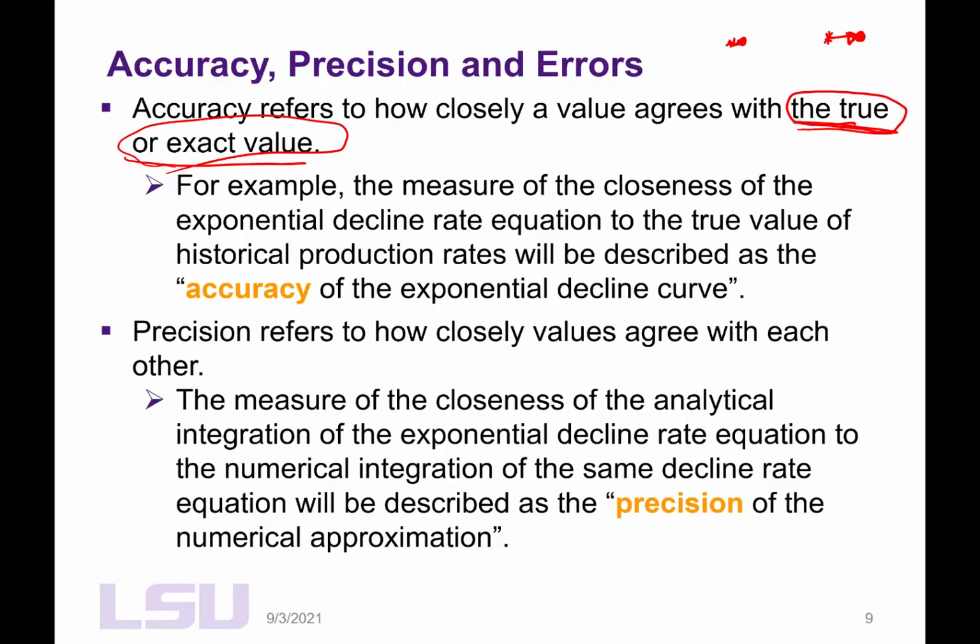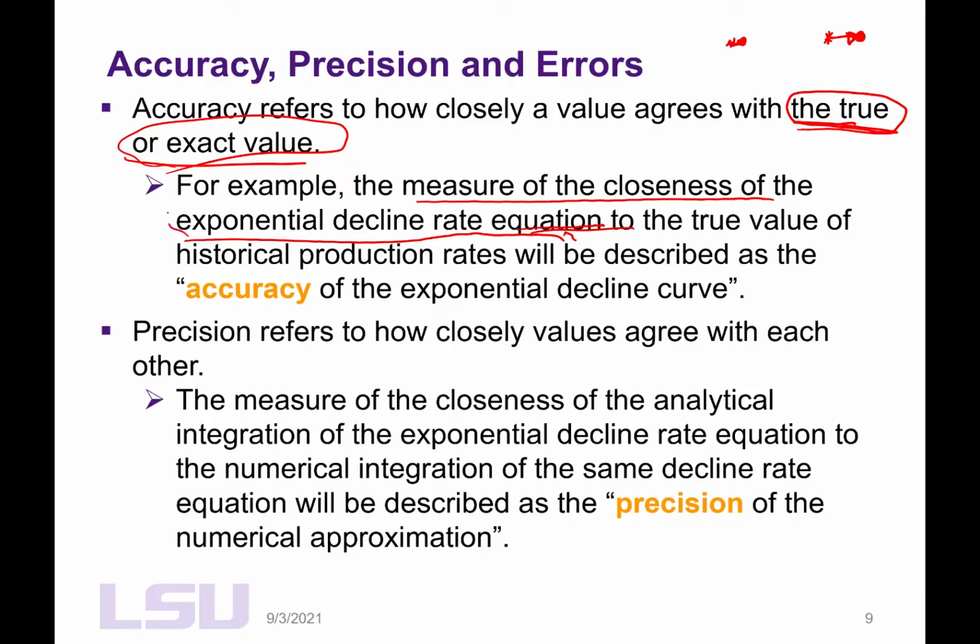An example is to measure the closeness of the exponential decline rate equation to the true value. And in this case, what is the true value of flow rate? It's actually the observed historical flow rate. So we have gauges at the wellhead measuring the flow rate.